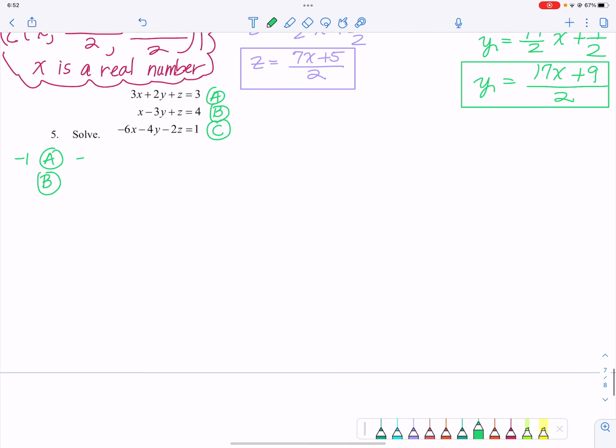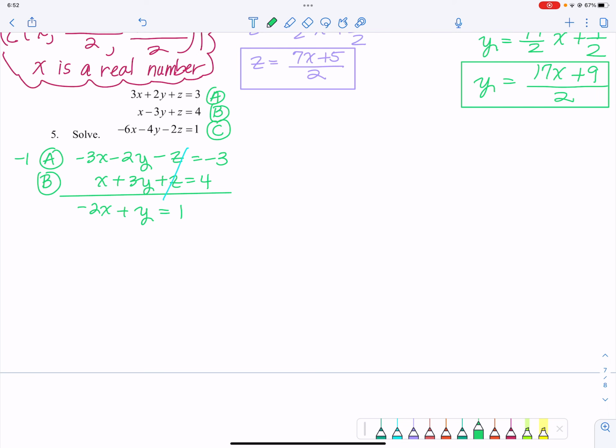So we'll have negative 3x minus 2y minus z equals negative 3. And then we just have x plus 3y plus z equals 4. And as you can see, we eliminated z, and we have negative 2x plus y equals 1.